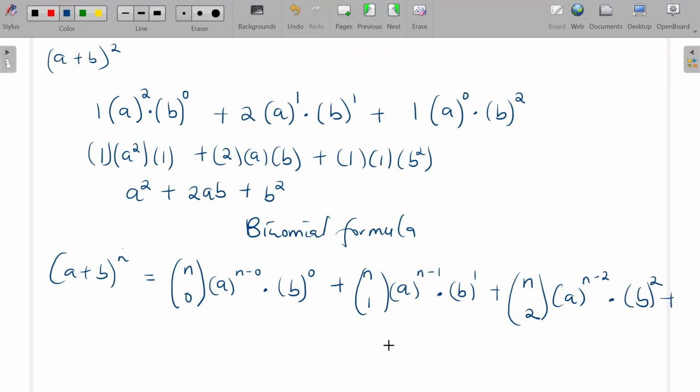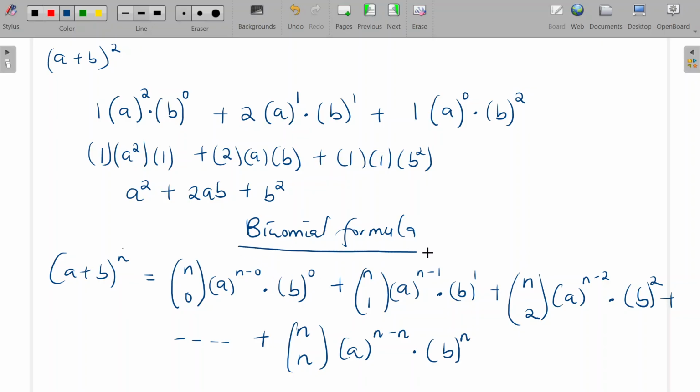Then you say plus dot dot dot until you reach a point where your n is equal to your n, so that you can have A to the power n minus n dot product and your B is raised to power n. Therefore, this is what you use when you're using the binomial formula.